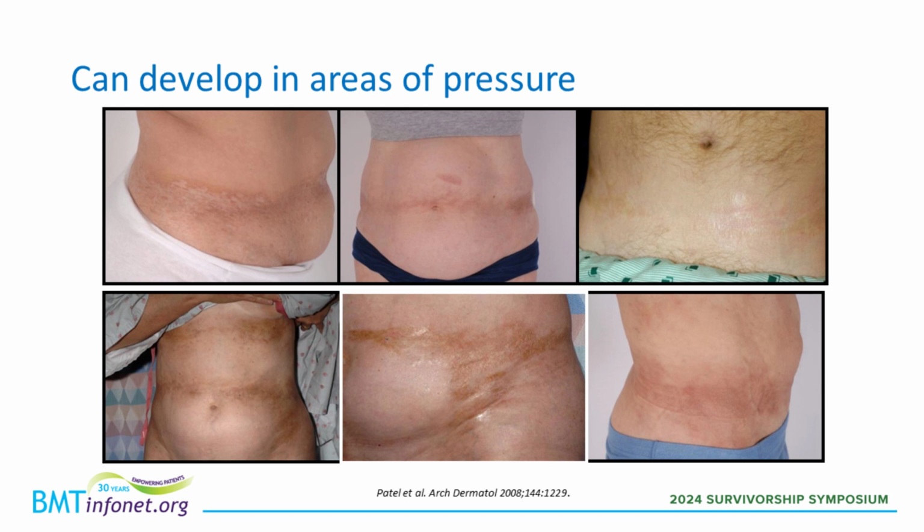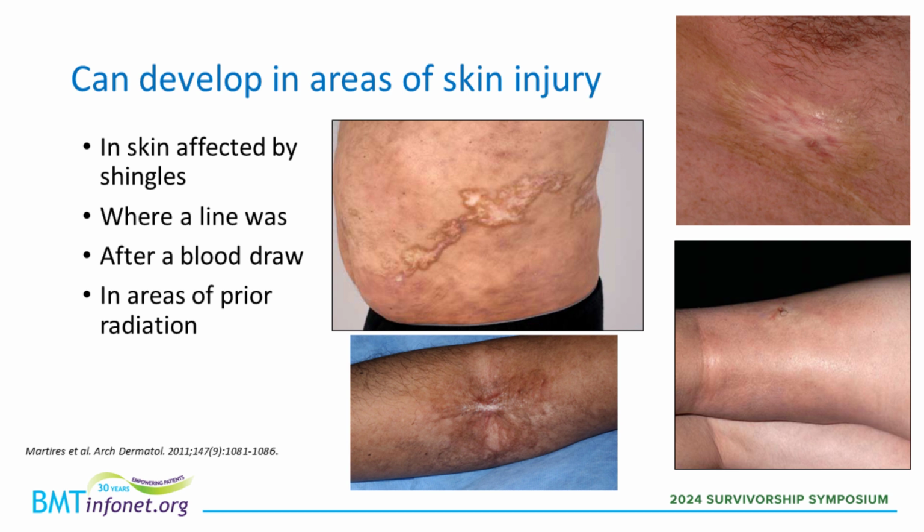One thing to know about chronic graft-versus-host disease is that certain variants can develop in areas of pressure. So it's not uncommon to have these skin changes under the bra or along the waistband of jeans, for example, or underwear. These can be areas that are also very tender. By that same token, they can also develop in areas of skin injury.